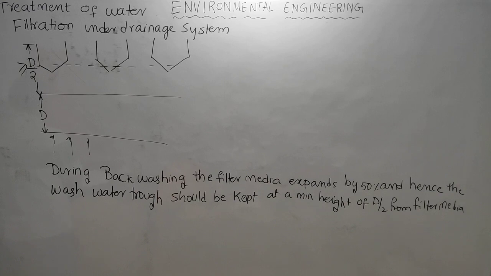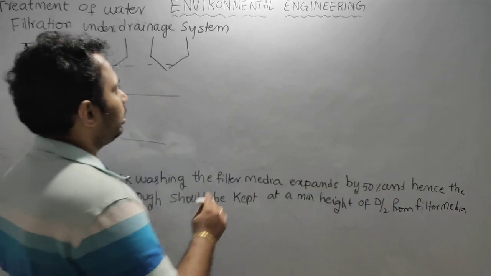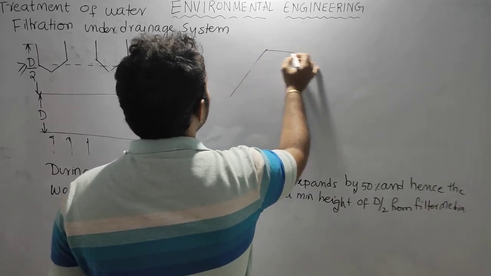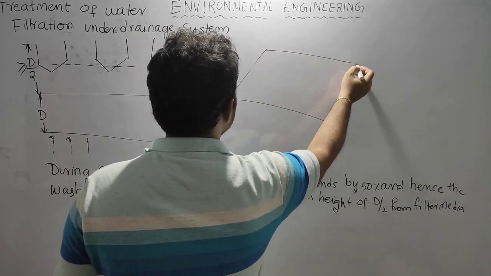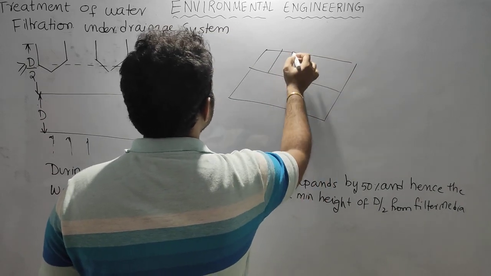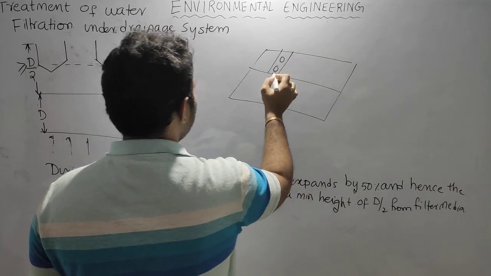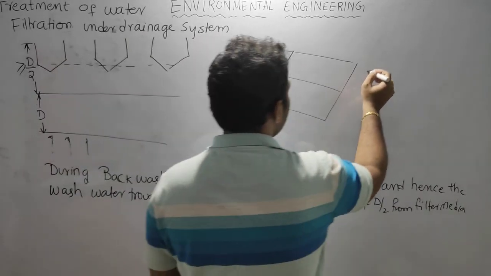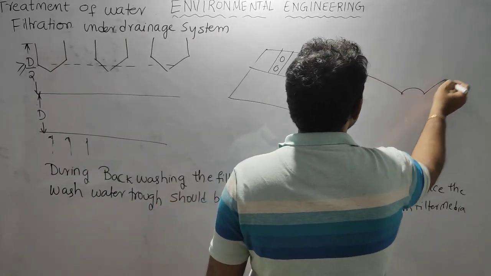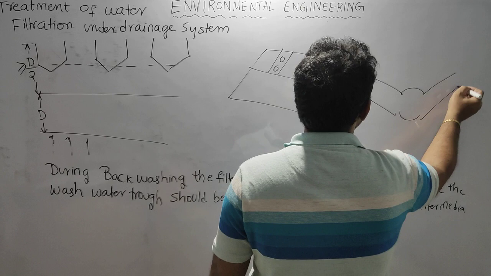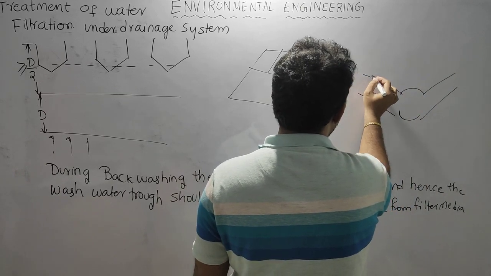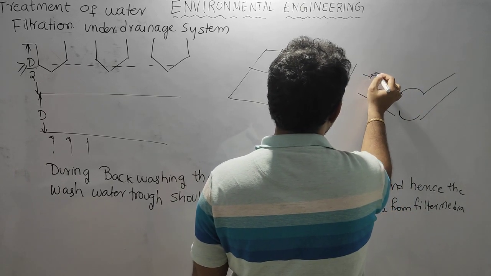And also, if you look at the laterals, there will be perforations, right? So this is the lateral and these are the perforations. If you look at them in the plan, these perforations sometimes may have strainers on them.